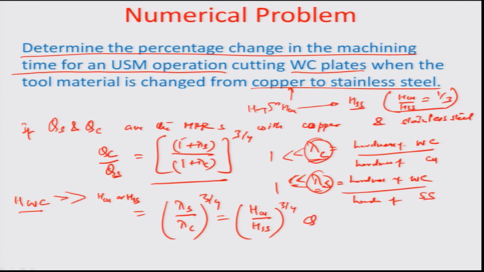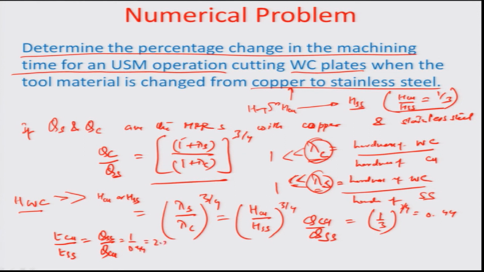So we can get QC by QS to be equal to 1/3 to the power of 3 by 4, which is 0.44. In other words, the time, which is inversely proportional to the material removal rate, for the stainless steel tool in comparison to copper becomes equal to 1 divided by 0.44, that is about 2.27 times.